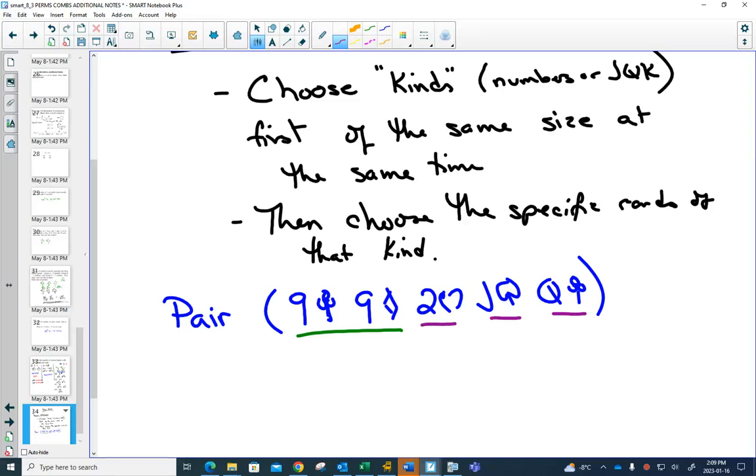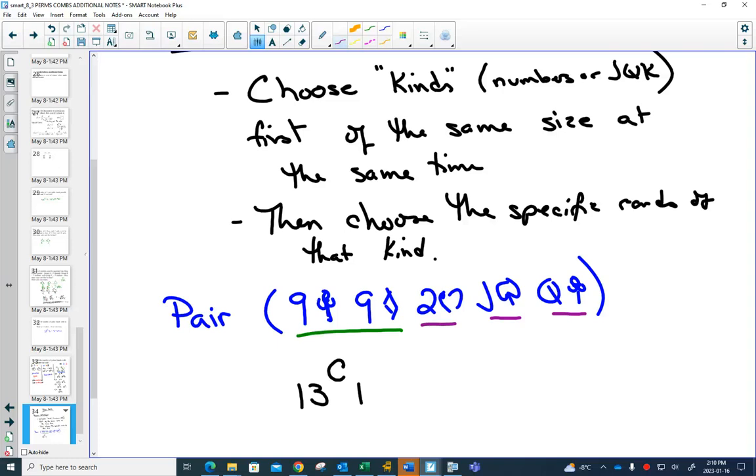So when I go to choose my pair, the pairs could be pairs of 9s, pairs of 8s, pairs of 7s, pairs of 6s. I would count that by saying 13 choose 1, because there's 13 different kinds in the deck, and I need to choose one of them to be my pair. That's part 1. Choose the kind. Then, after you've chosen the kind, now we have to choose the specific cards.